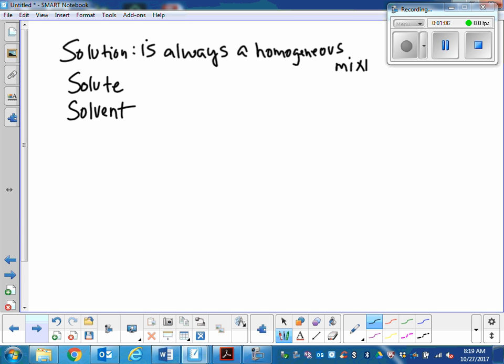Sometimes the words are interchanged too. Instead of referring to it as a homogeneous mixture, they'll call it a solution. Is that understood? So, what is the solute and what is the solvent in a solution? Anybody?